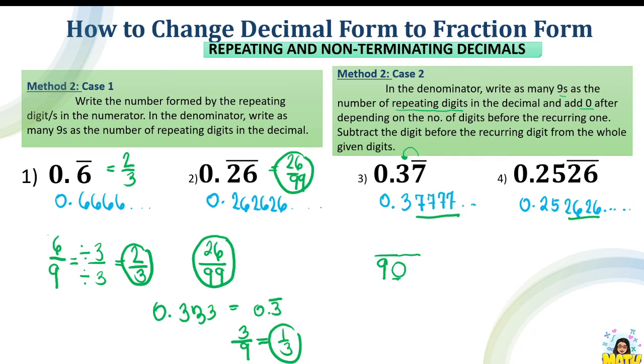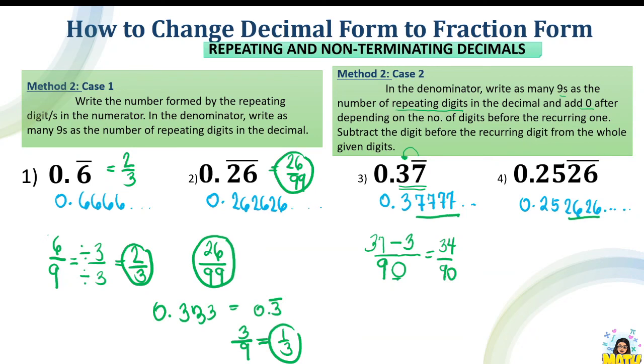And then, for the numerator, subtract the digit before the recurring digit. So, ano yung digit dito bago mag-umulit? So, that is 3 from the whole given digits. So, ano yung kabuuang digit nito? That's 37. So, that will be 37 minus 3, 34 over 90.